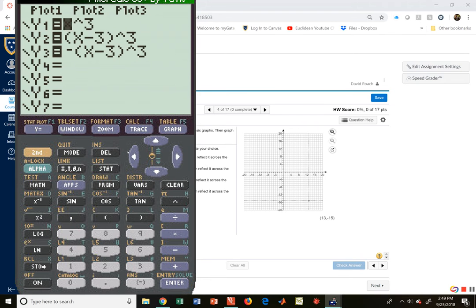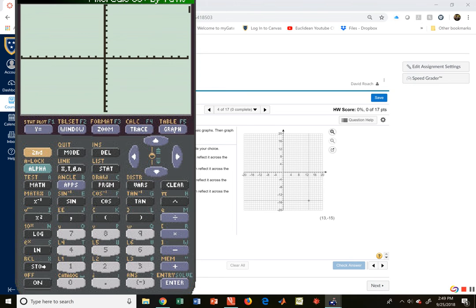We can turn off these other graphs, because we want the final graph, not the original, not the intermediate shift. We want that one, the final graph. Now if you hit trace, you can trace around and try to find some points on there. So that point is really important, right there in the middle. I would say that's 3.